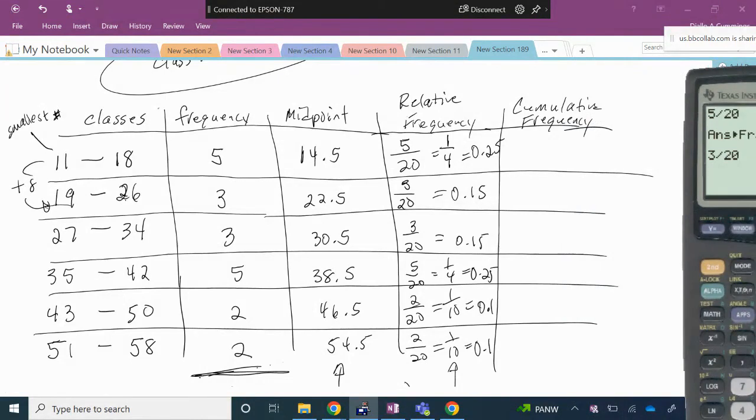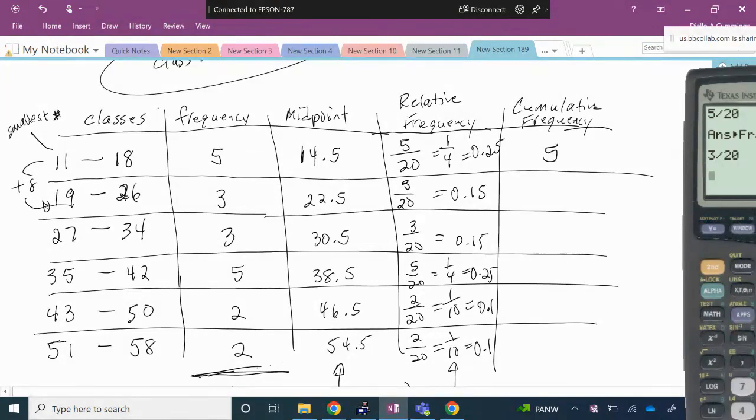Okay, now the last column is cumulative frequency. The cumulative frequency is the frequency for that class plus previous classes. Right? So here's what I mean by that. So I'm going to start with this first class. It has a frequency of 5 because it has no other classes before it, right?